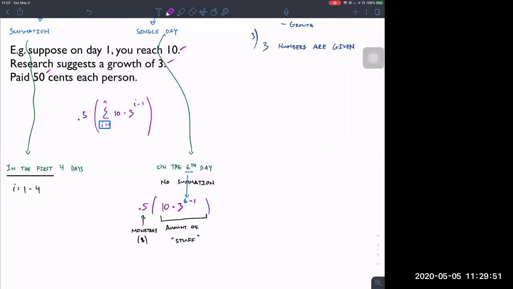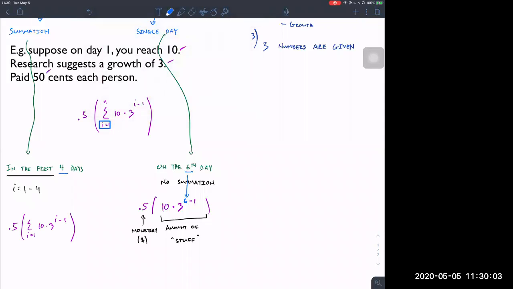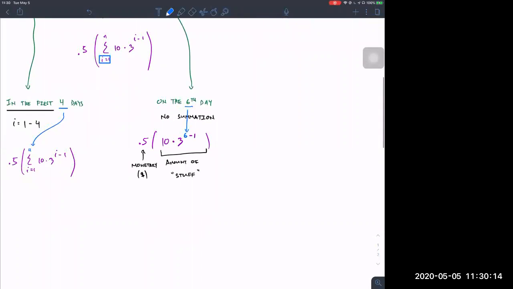Therefore, when you rewrite the summation, the only thing that's different, 10 times 3 to the r minus 1, is the fact that whatever day I give you last, it goes right here on the top. And remember, that is the upper limit of your summation. Now this one is the same exact thing as this.